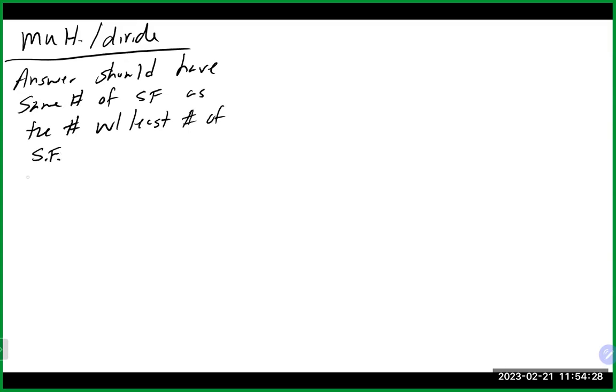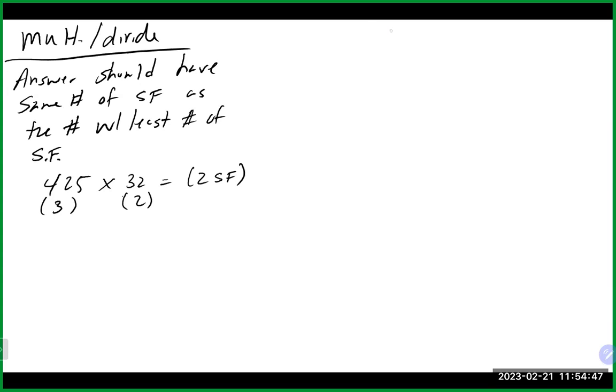So if I took 425 times 32, this number has 3 significant figures. This number has 2, which means we should end up with 2 significant figures in our answer. Also applies to dividing as well.